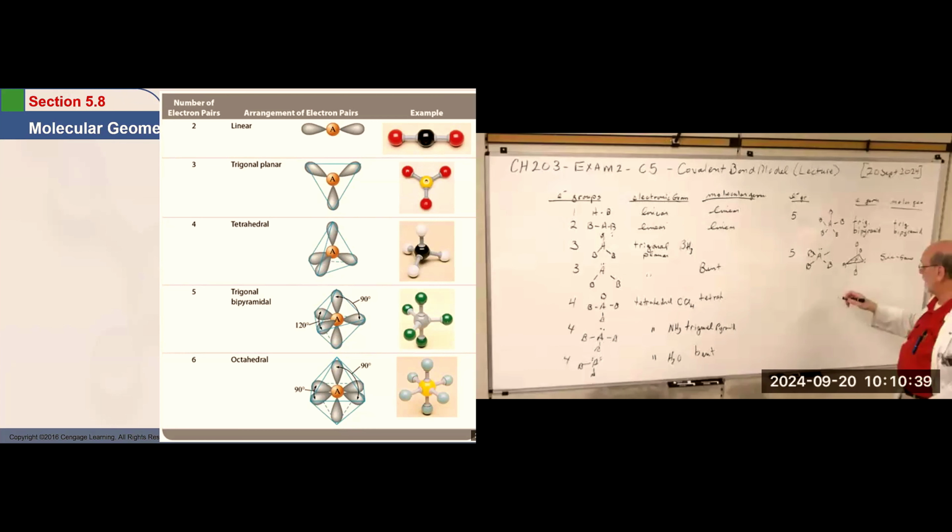And if you have another lone pair, two lone pairs, and then you only have three Bs, then the second lone pair also goes here. Now, if you turn it on its side, it looks like a T. So that's a T shape.